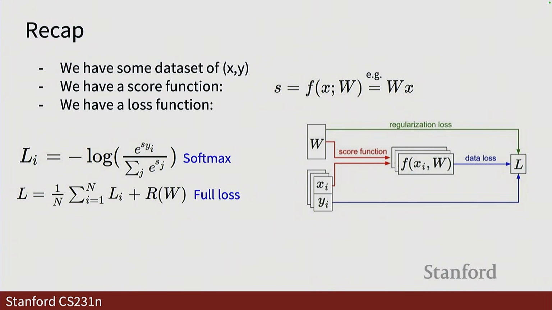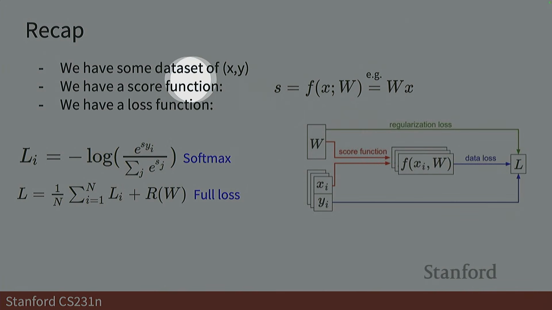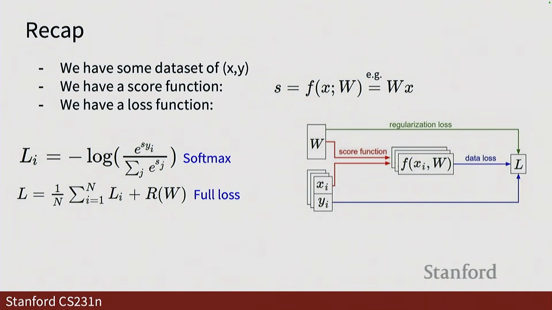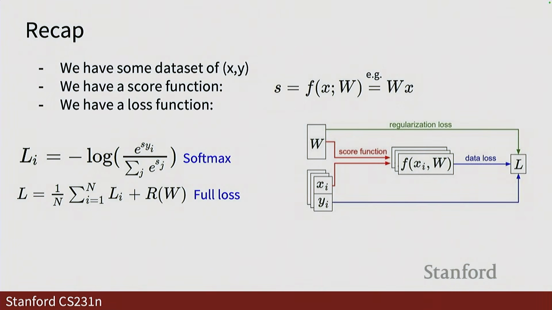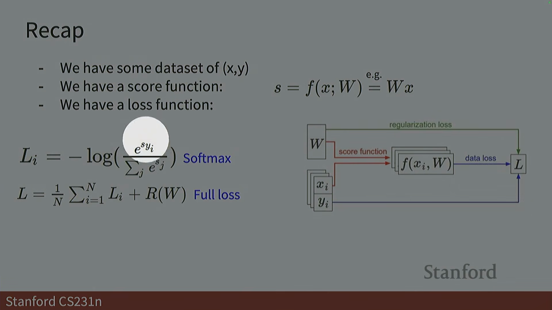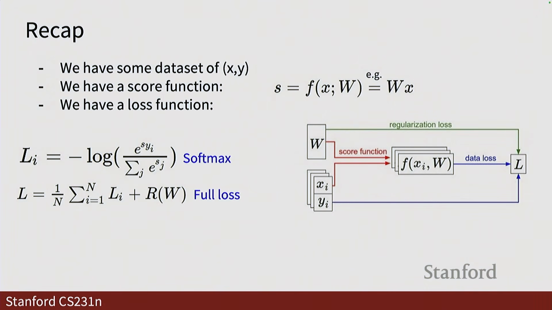But to do that, we formulated everything through the X, Y pairs and a scoring function, which in this case is a linear scoring function, as you can see, and also defining ultimately this loss function. So this graph that you see on the right is what we drew, showing the entire process of learning.